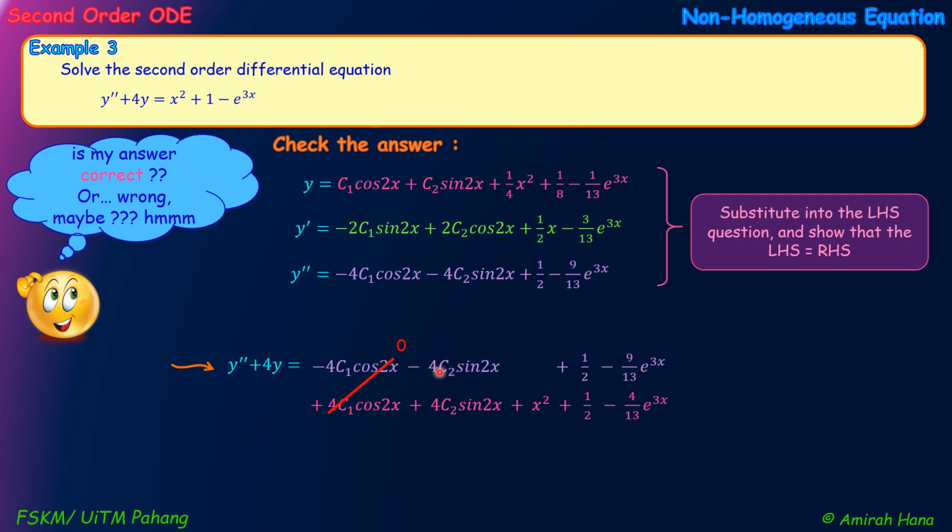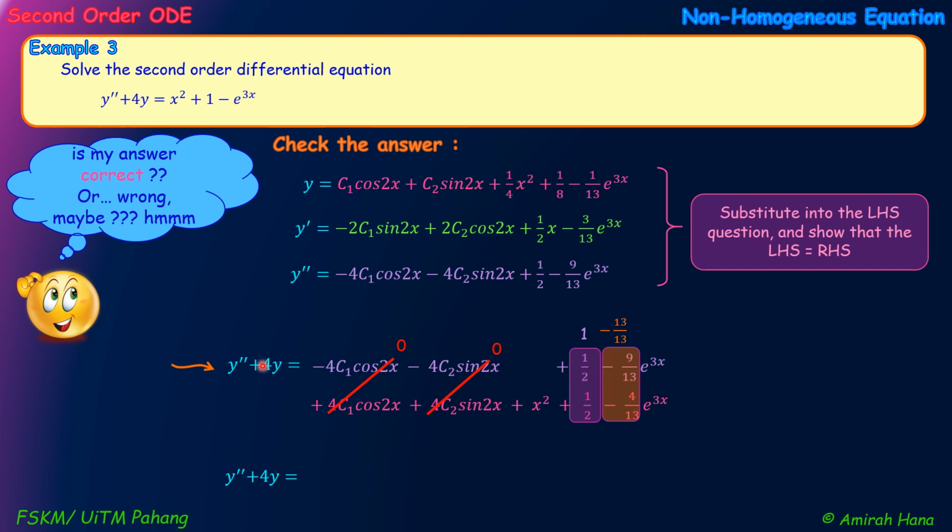So we can simplify negative 4 and plus 4 here. Equals 0. And then there is no other term containing x squared here, so we still have x squared here, and then half plus half equals 1. Okay, and then negative 9 over 13 minus 4 over 13, we get negative 13 over 13, which equals negative 1.